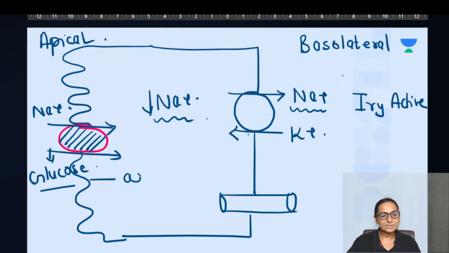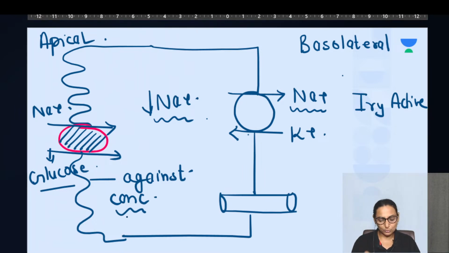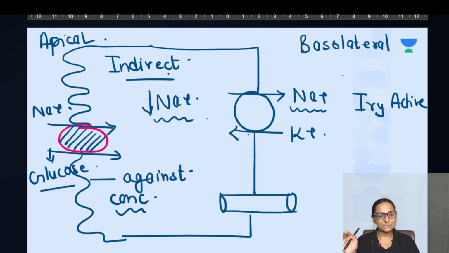So it is the glucose which is moving against the concentration gradient, and the sodium is moving along the concentration gradient. The use of energy is indirect. Why indirect? Because it did not break ATP. ATP was broken by the sodium potassium pump and a gradient was established. That gradient is utilized by the SGLT, and therefore the use of energy is indirect.